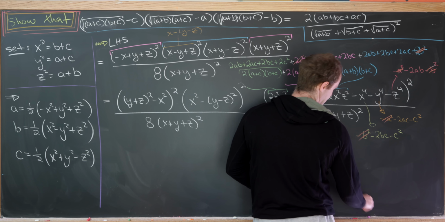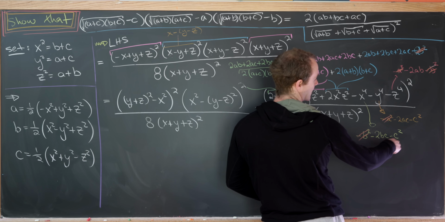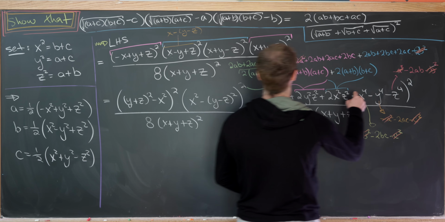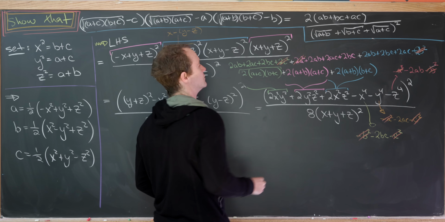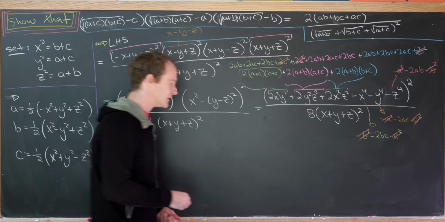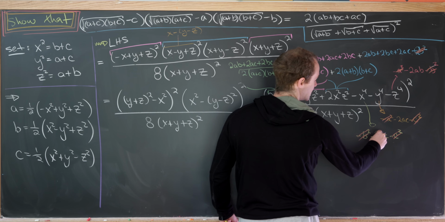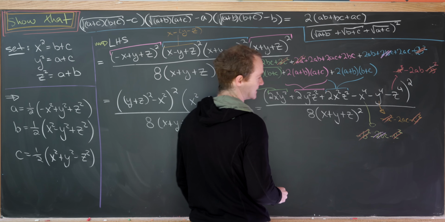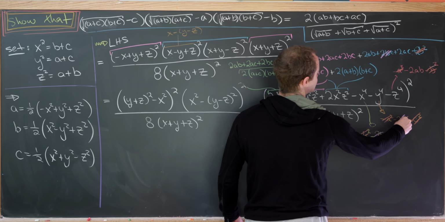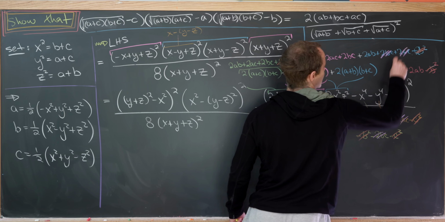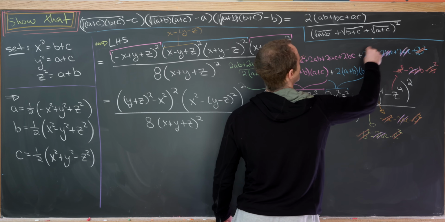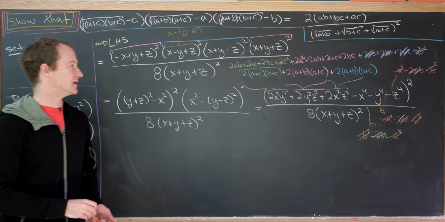Good. And then this minus c squared, this minus c squared will cancel with this 2c squared. Then we can also get a little bit more simplification. This 2bc will cancel with this 2bc. This 2ac will cancel with this 2ac, and this 2ab will cancel with this 2ab.